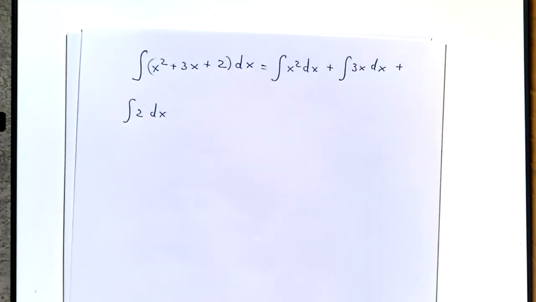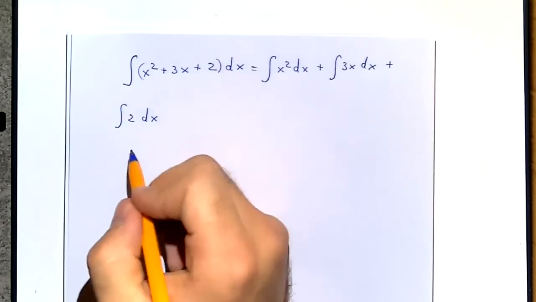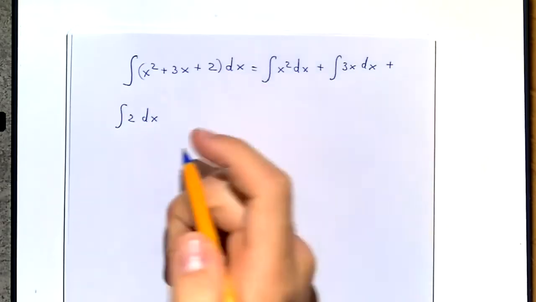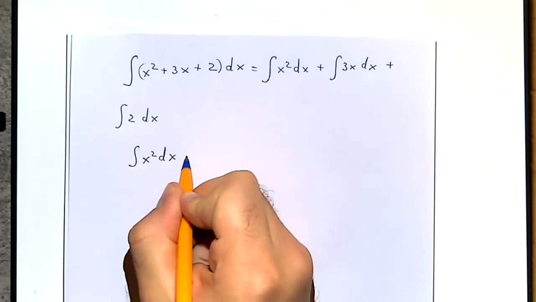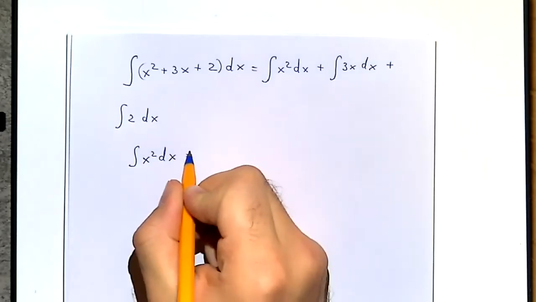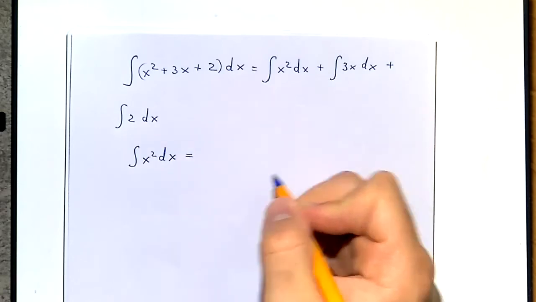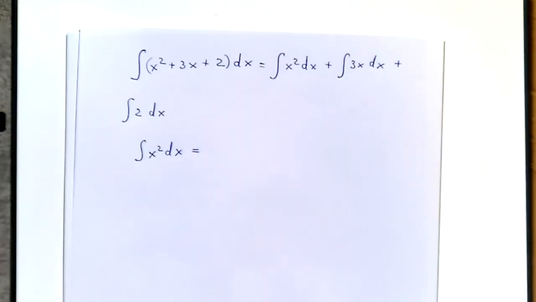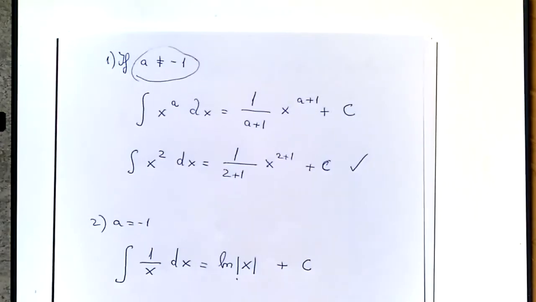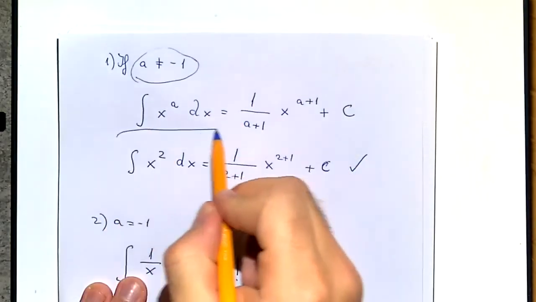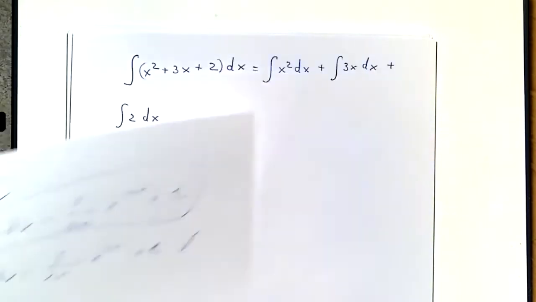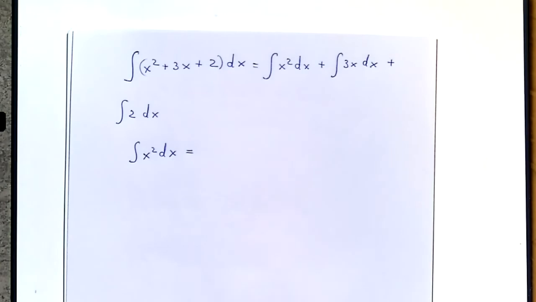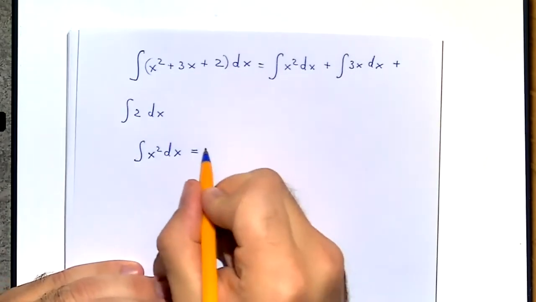You just solve them one by one. You can just compute them outside if you don't want to copy everything. So let's just take x squared dx. And now you can either use the formula, which was right here, or if you don't want to use the formula, then just think what's going to be here.